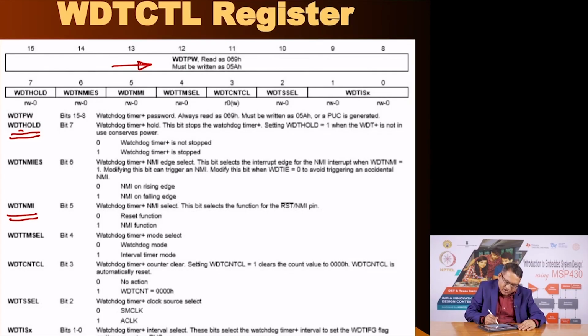As you see here, if you write a 1, it will function as NMI pin, and if you go back here, you see this indicates that at power up it will retain the previous value, but on power on reset it will be 0.